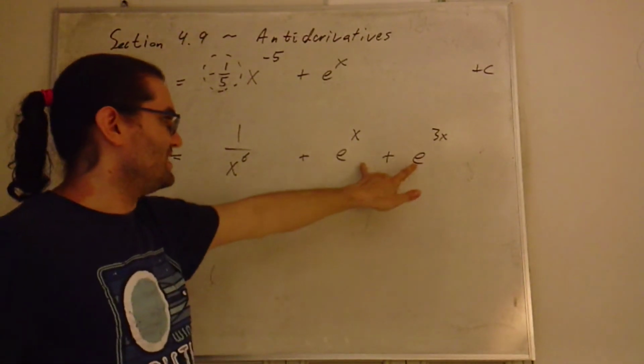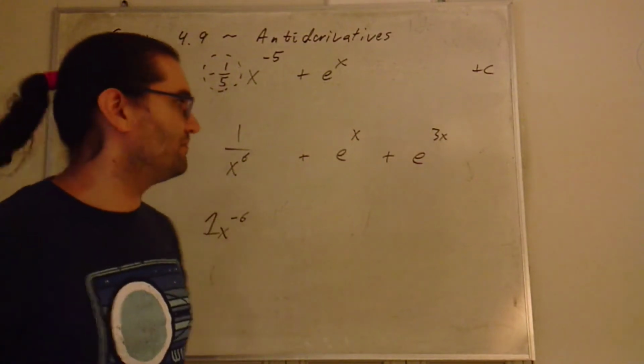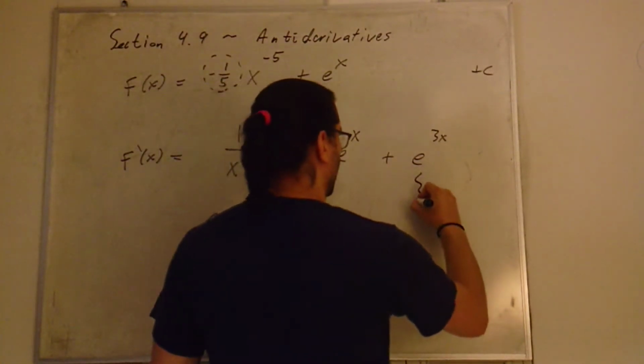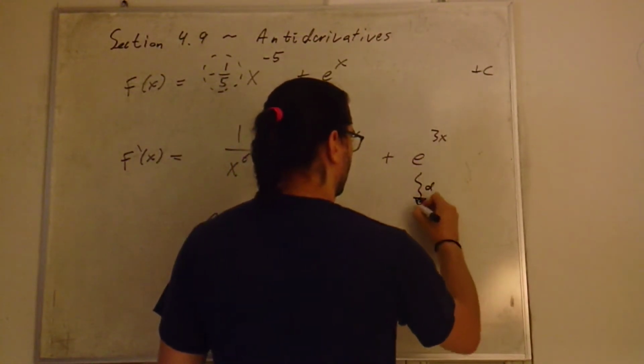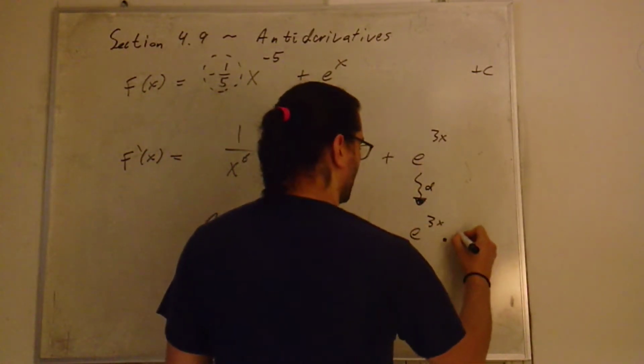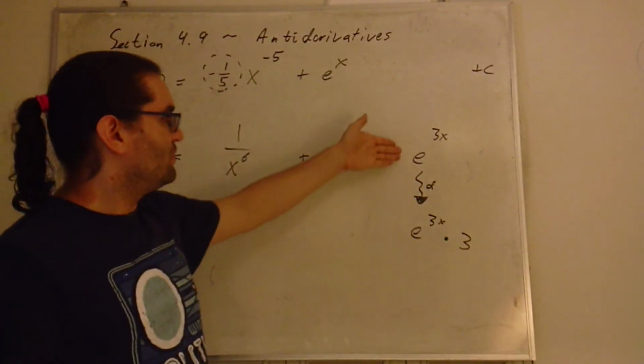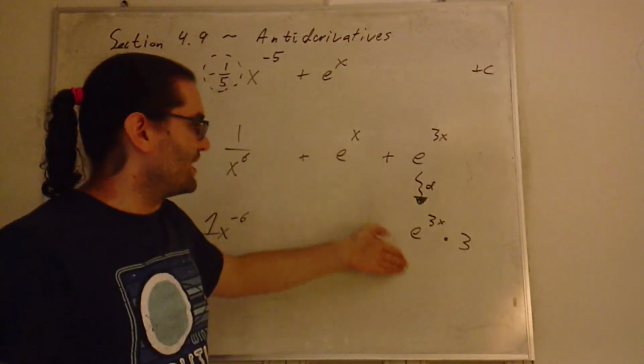E to the 3x is more interesting. We still have this e relationship, so if we were doing a derivative of e to the 3x, we would get e to the 3x, and then because of the chain rule, we would have to multiply by the derivative of the inside, which is 3. So the derivative of this is e to the 3x times 3.